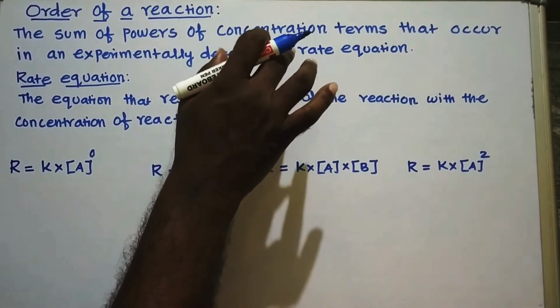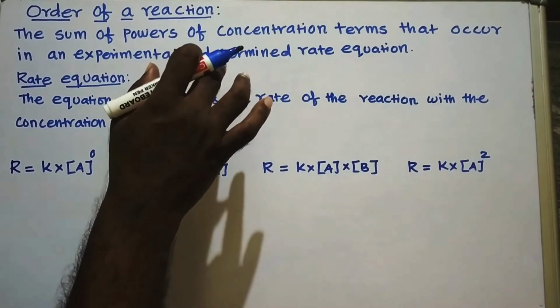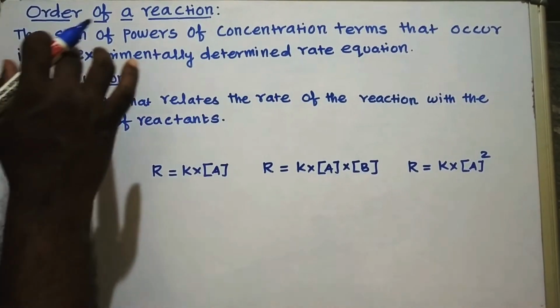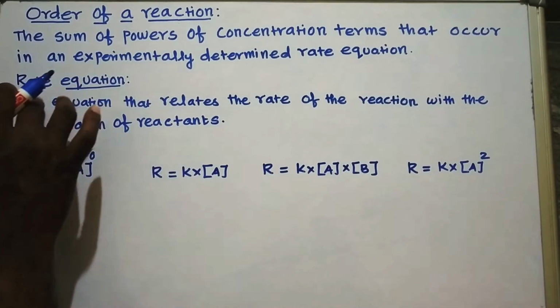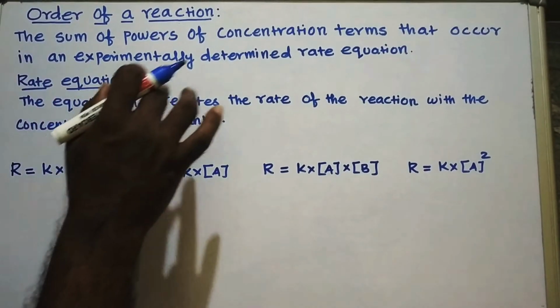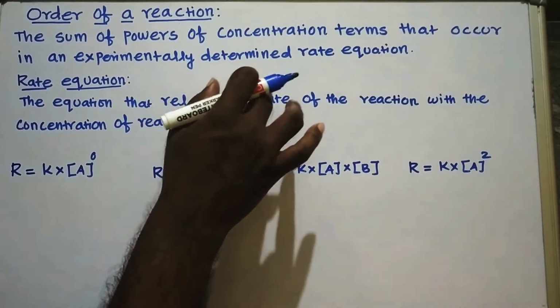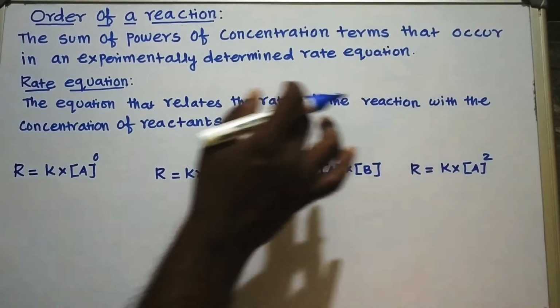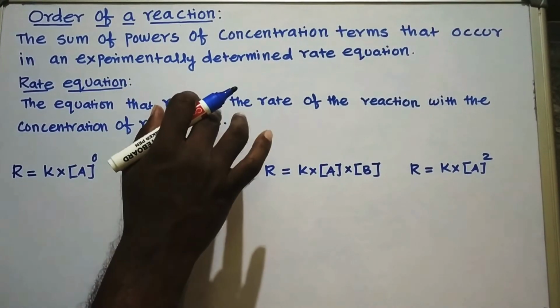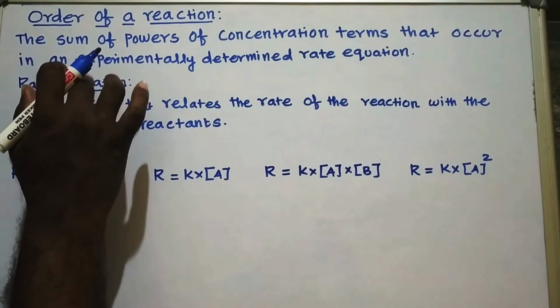Then we have to see what is meant by rate equation. This is the equation that relates the rate of the reaction with the concentration of the reactants. That is called the rate equation.